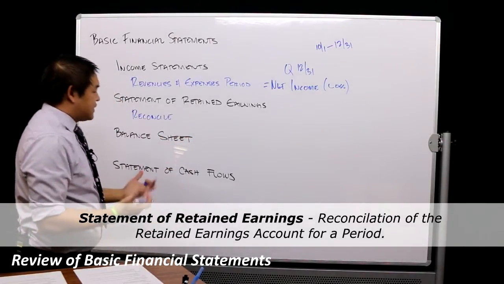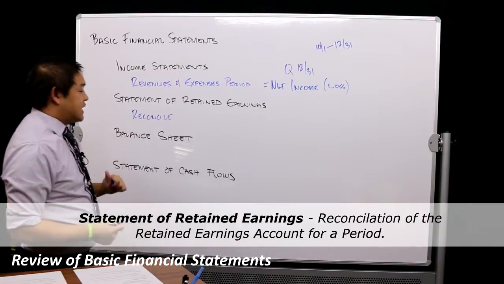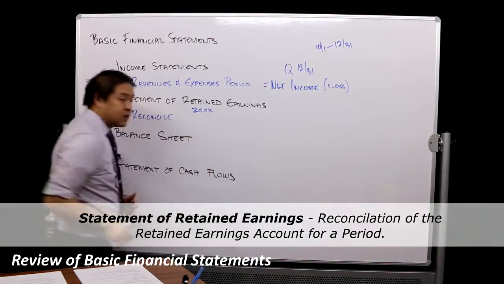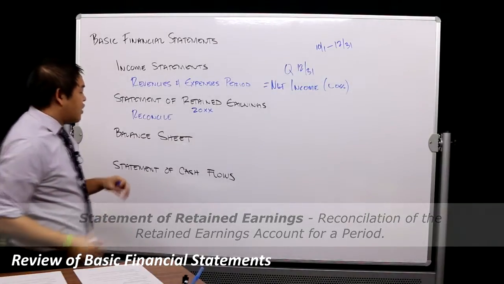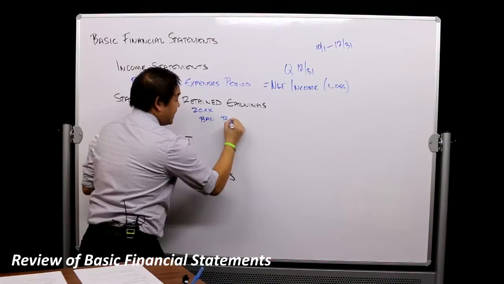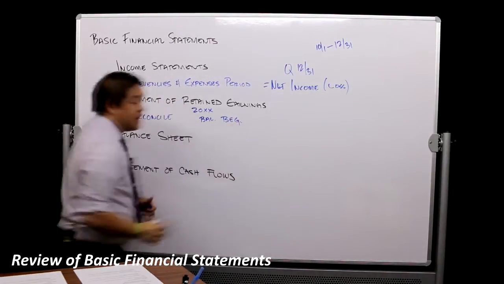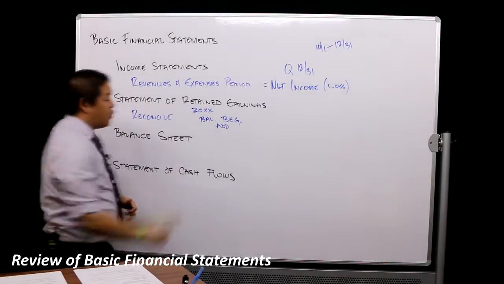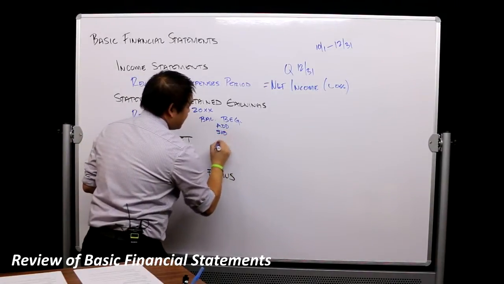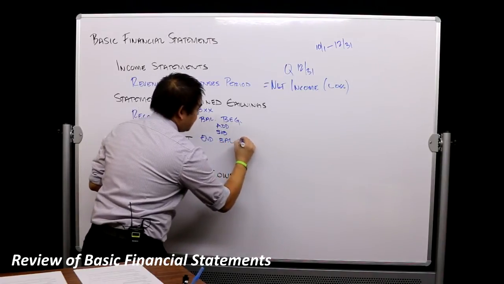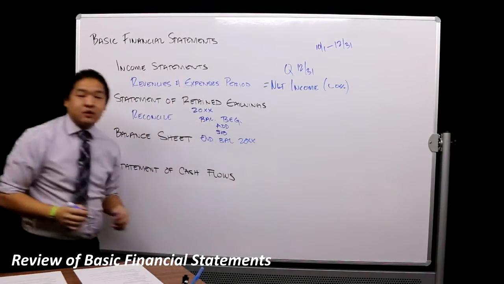So what we typically do is, if we're going to do a statement of retained earnings for, let's say, year 20XX, okay, we figure out what the balance was at the beginning, and then what additions we made, what subtractions we made, and then what's the ending balance of 20XX, okay?